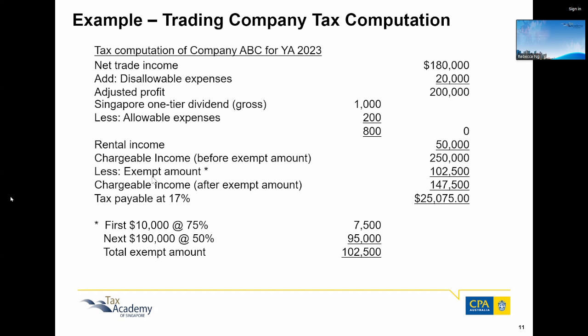For the tax payable, we will usually round to the nearest two decimal places, that means to the nearest cent. The rest of the amounts at the chargeable income level will be rounded to the nearest dollar. So the tax payable amount will be at the nearest cent.